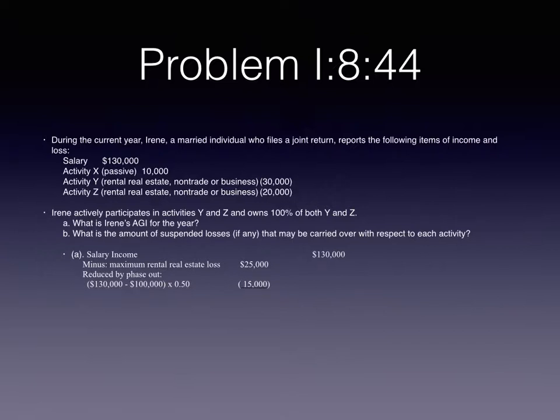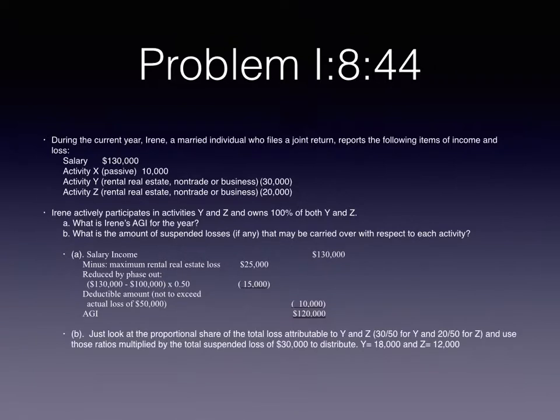So you take that $15,000 away from the $25,000, and you get your $10,000 deductible amount. So AGI is going to be salary income of $130,000 minus that $10,000 deductible amount, giving you an AGI of $120,000.